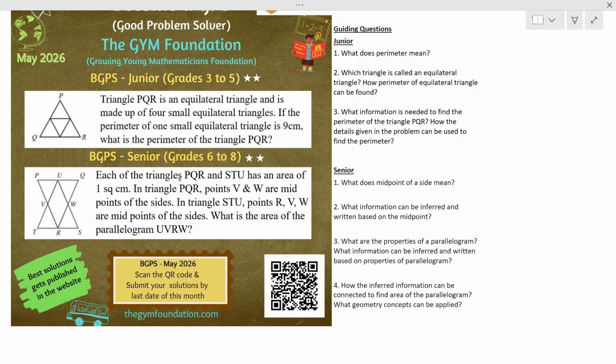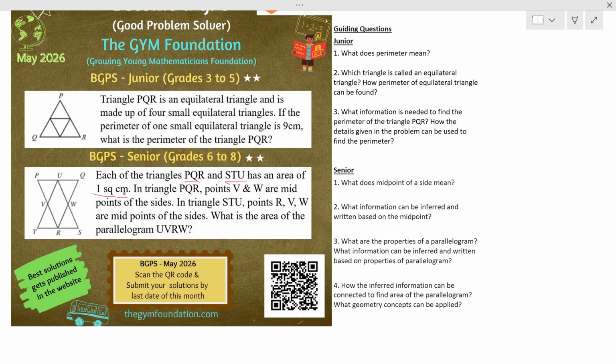Each of the triangles PQR and STU has an area of 1 square centimeter. You can see here PQR is the bigger triangle and STU is the bigger triangle. They are kind of on top of each other. So each of them has an area of 1 square centimeter, right?